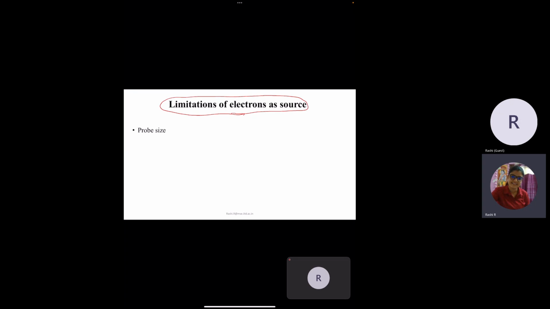So the probe size: in electron microscopy it is a higher probe size, and in ion microscopy it has a smaller probe size.